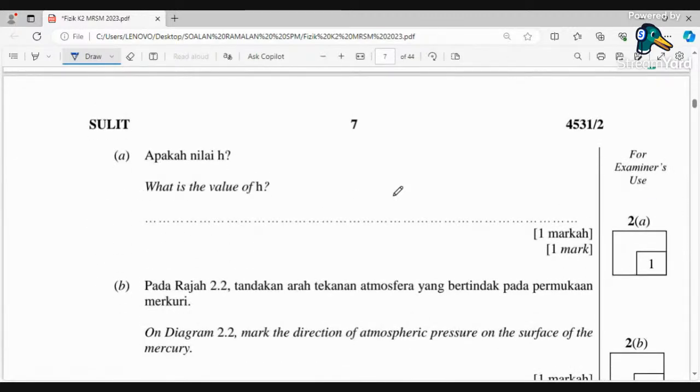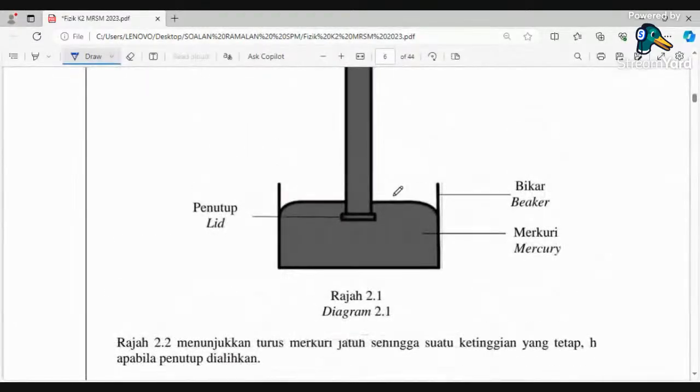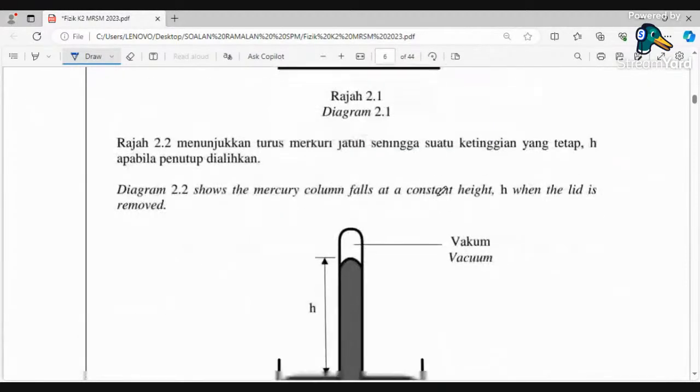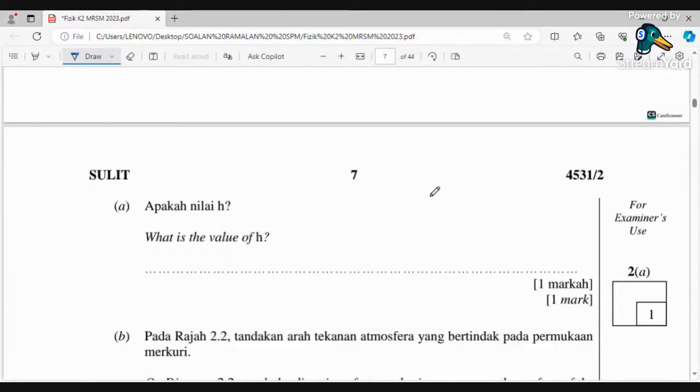So what is the value of h? Given the atmospheric pressure at sea level, the question wants you to state the atmospheric pressure at sea level. It is 76 cm mercury.